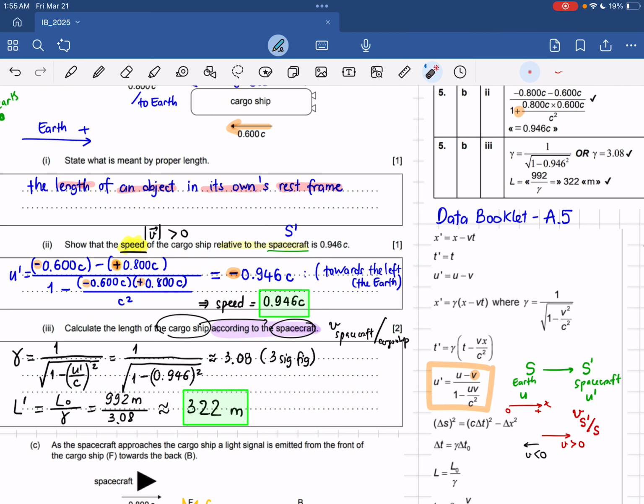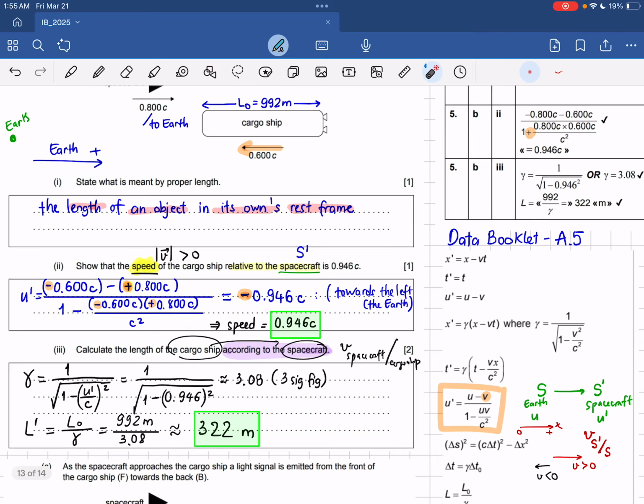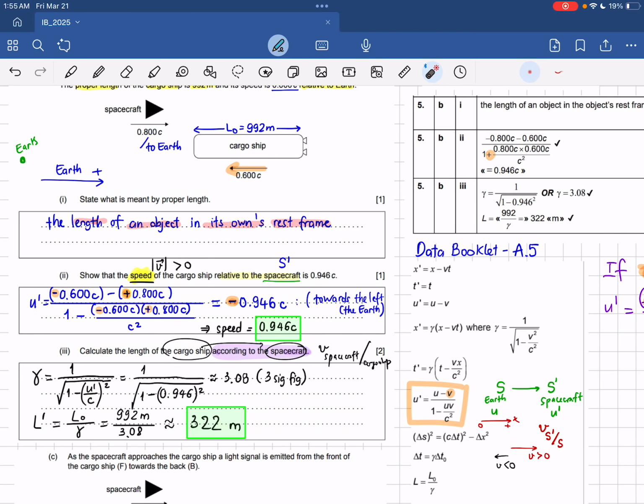But it's lucky for us that it doesn't really matter if this is positive or negative, because in the end we just square it. But just to remind you, if the cargo ship travels negative relative to the spacecraft, then oppositely the spacecraft travels in a positive direction relative to the cargo ship. And actually, it is the positive direction relative to the Earth, okay?